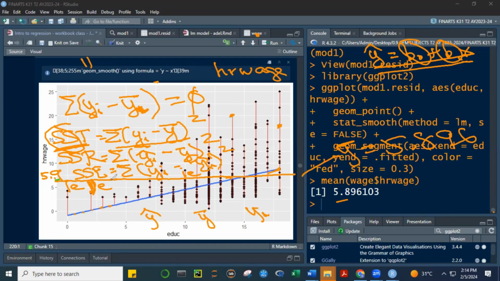So difference between your mean and your y hat, difference between your y hat and your y mean, class, is your regression. Yun yung improvement sa model natin.